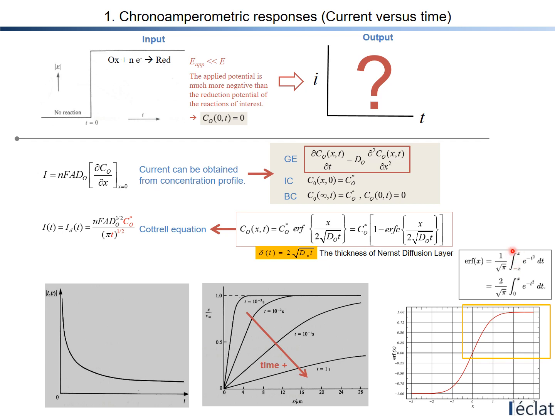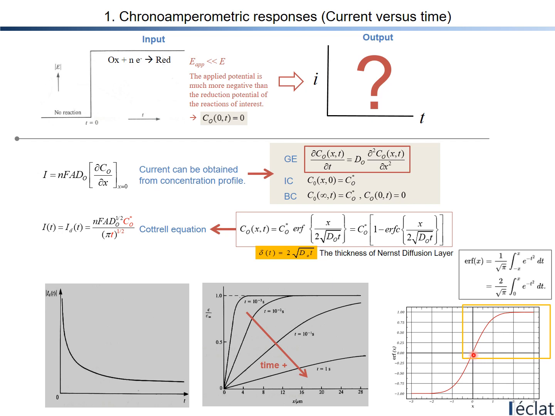Anyway, the more important thing is its shape. So let me focus on the first quadrant of this graph, x equal to 0 to some positive value, which is the physically meaningful range. In this first quadrant, you can find that at x equal to 0, you don't have any concentration of oxidized species.